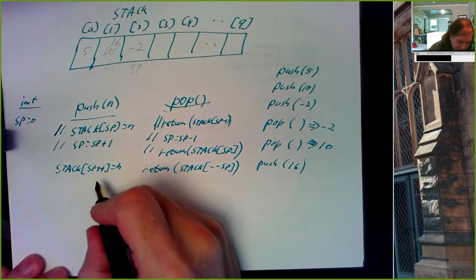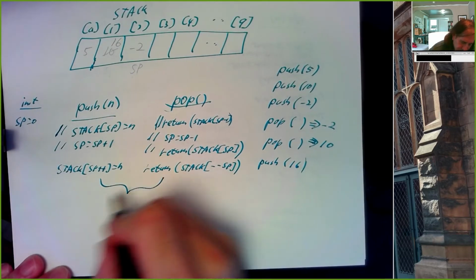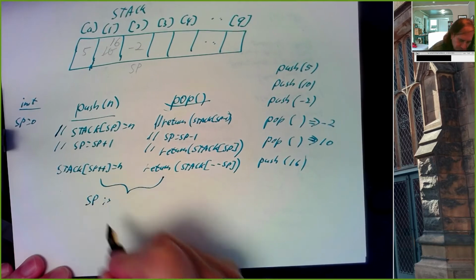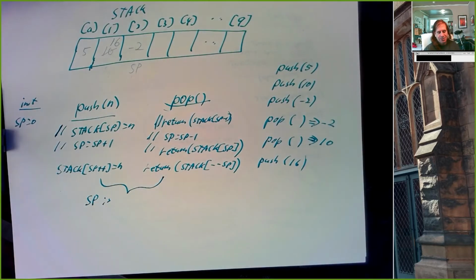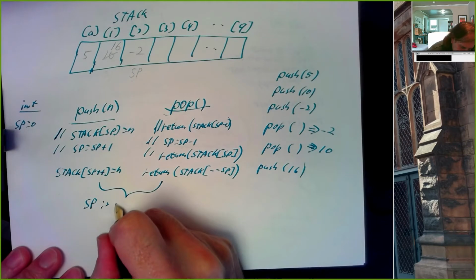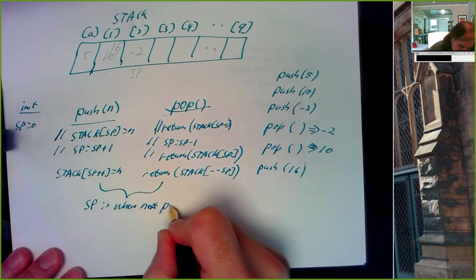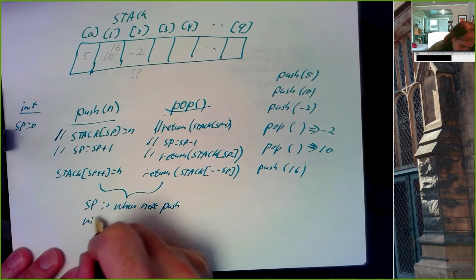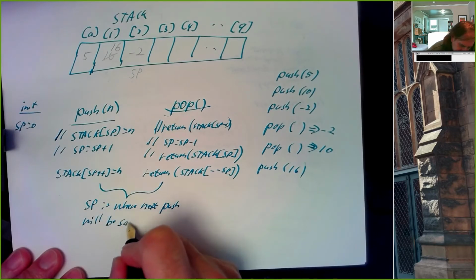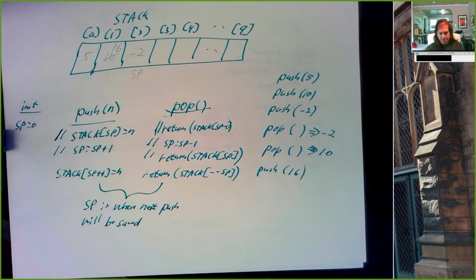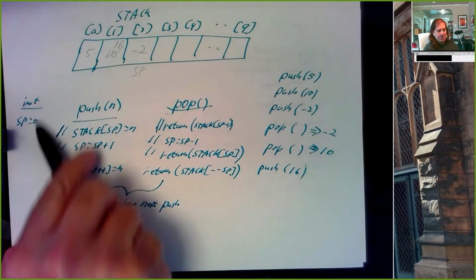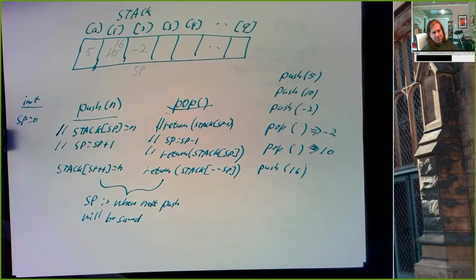And in this interpretation, what is the stack pointer? Stack pointer is where the next push will be saved. So this is why we initialize the stack pointer to 0.